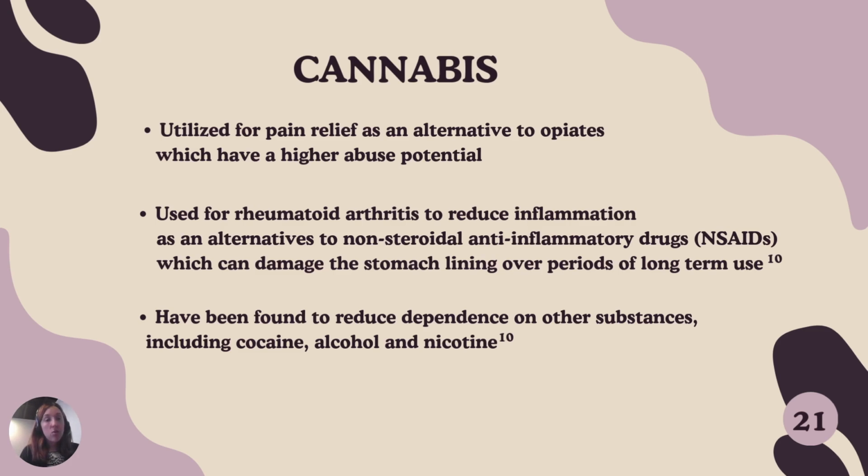Medical cannabis can be used for rheumatoid arthritis to reduce inflammation, as an alternative to what we call NSAIDs, like Advil or naproxen, non-steroidal anti-inflammatory drugs, which can do damage to your stomach lining over time if you're using high doses.